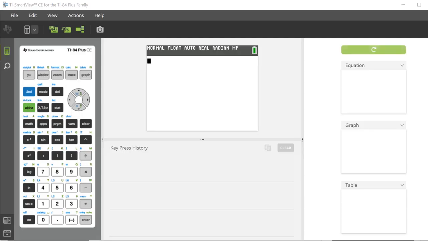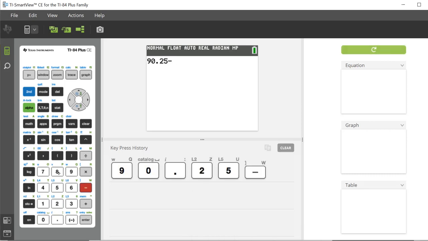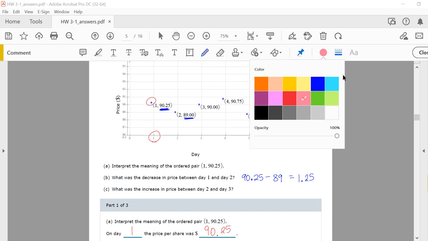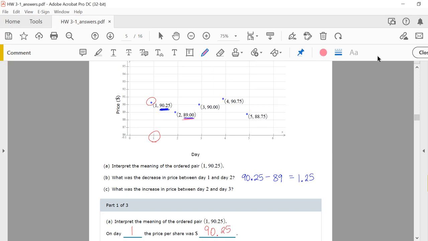Okay, 90.25 minus 89 is 1.25. So the decrease in price was 1.25. What was the increase in price between day 2 and day 3? So from day 2, which was $89 a share, to day 3, the increase would be, what is 90 minus 89? Is $1 per share.